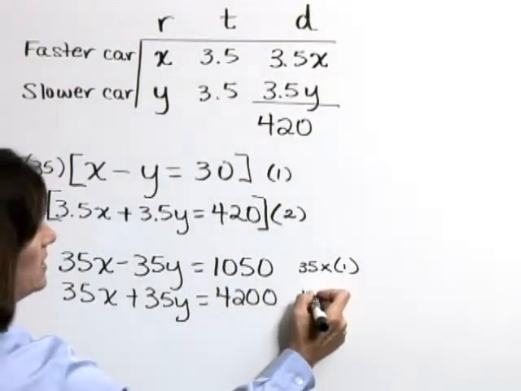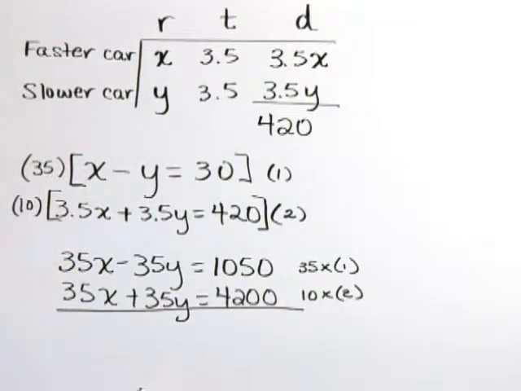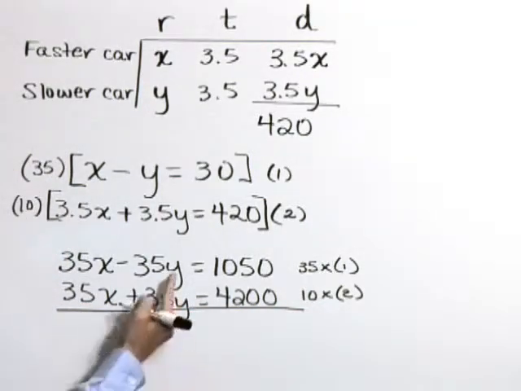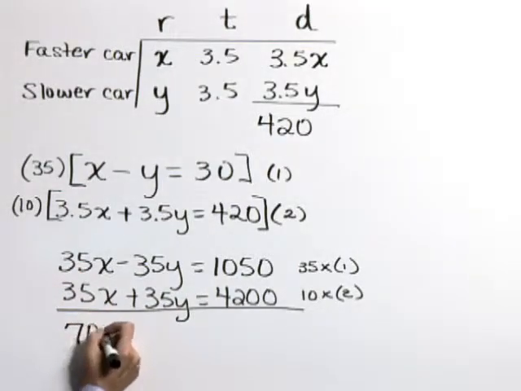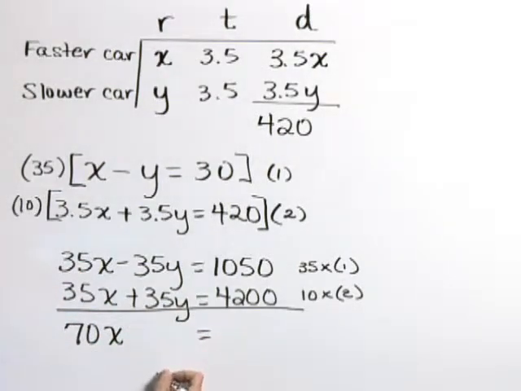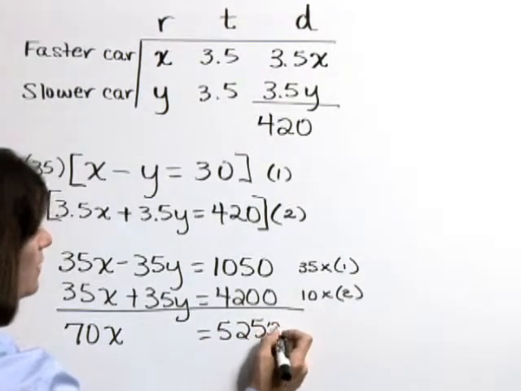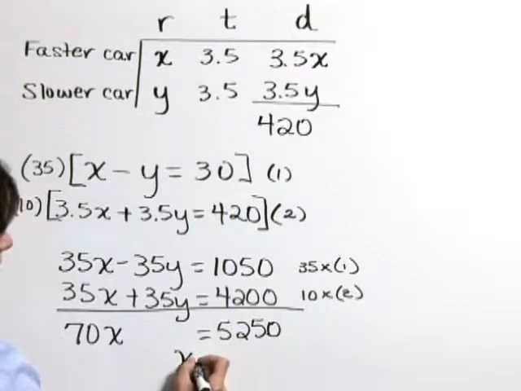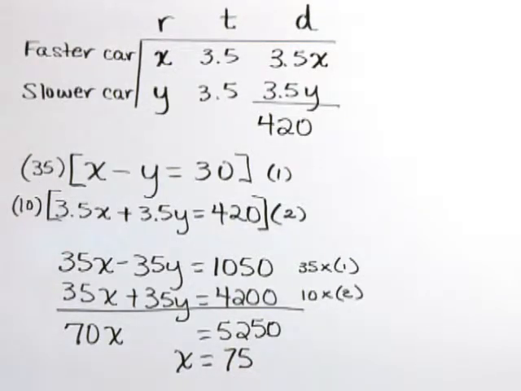And that was 10 times equation 2. Now we're ready to add these equations together. Our y variable cancels. Up front we get 70x, and that's equal to 5,250. Divide both sides by 70 to get x is equal to 75.